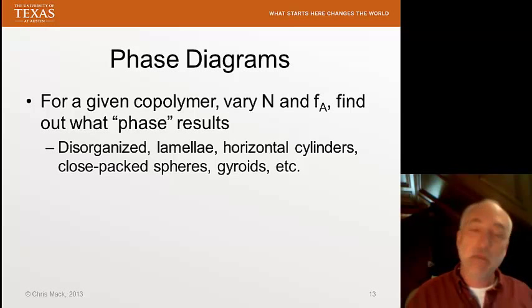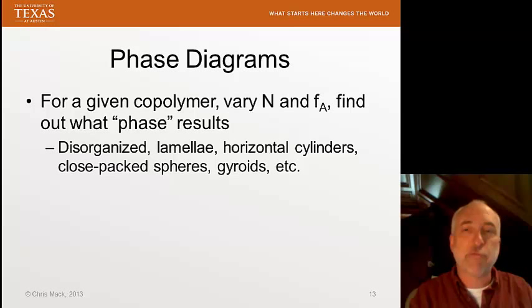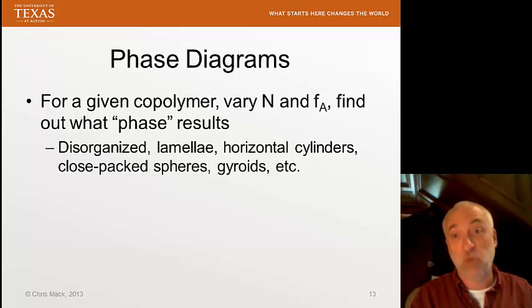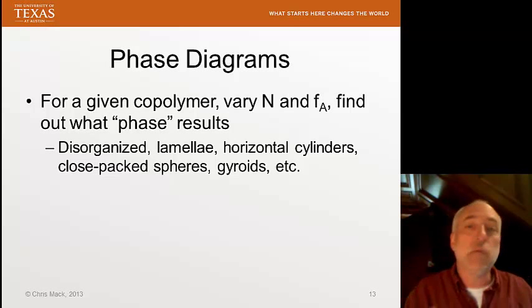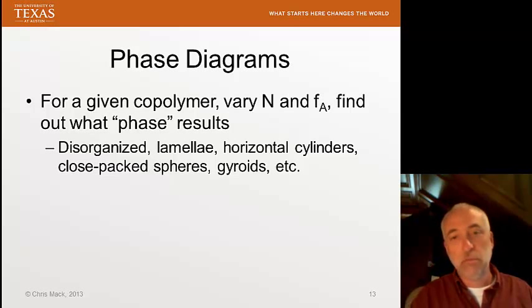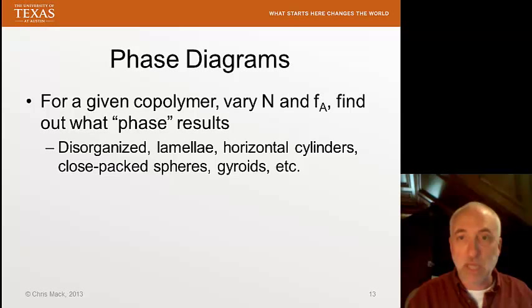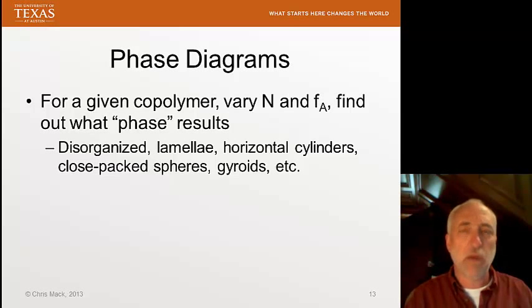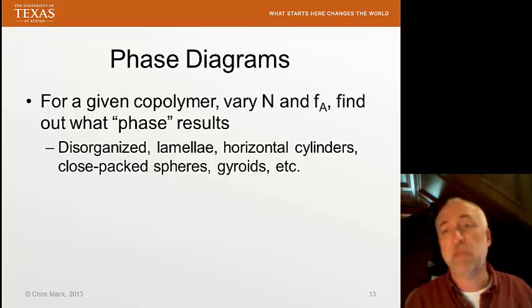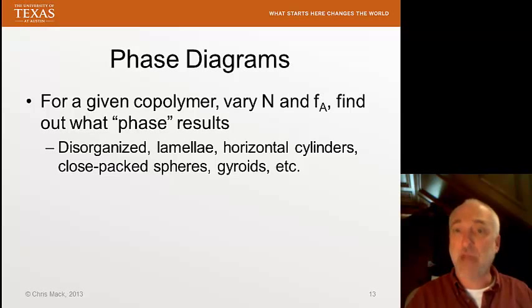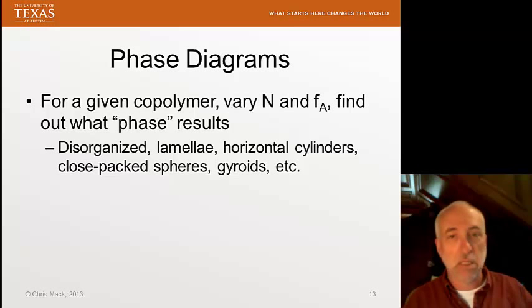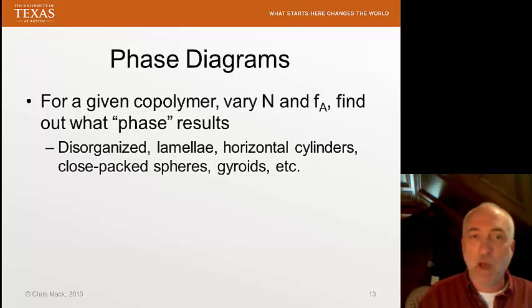That's N. We can also adjust the fraction of that copolymer that is A compared to B. We don't have to have exactly 50-50. 5 monomers of A connected to 5 monomers of B, for example, to give N equal to 10 and FA of 0.5. We don't have to do that. We could have 3 monomers of A connected to 7 monomers of B.